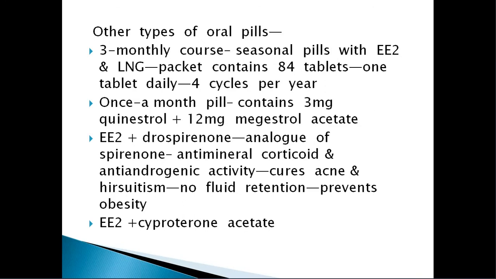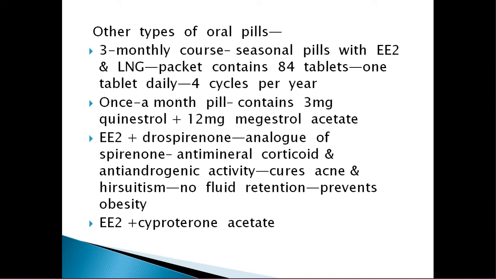Now, you have other types of oral pills. 3 monthly course oral pills are there, what we call Seasonale actually. Seasonale is the trade name. These pills are the same as the usual estrogen and progesterone containing pills, but instead of 21 tablets, 84 tablets are there, so that the patient takes one tablet every day for 84 days.